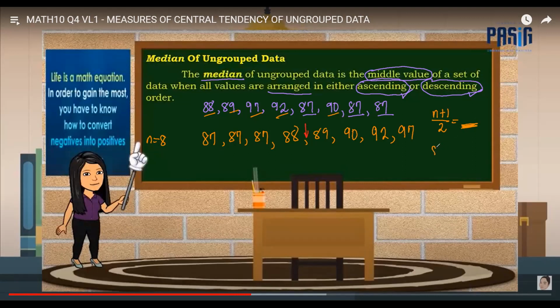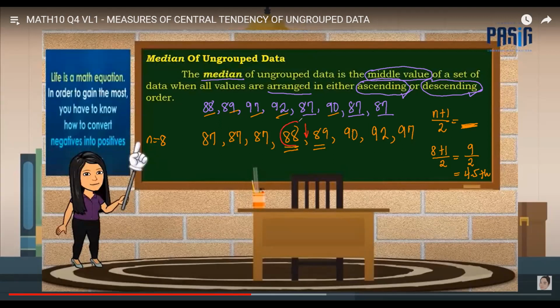So kung yung n natin ay 8 plus 1 divided by 2, ibig sabihin you have 9 divided by 2, that is 4.5. So katulad ng binanggit ko kanina, nandito siya sa gitna. Gitna ng ano? Pang ilan siya? Pang 4.5. So gitna ng 4th at 5th data.